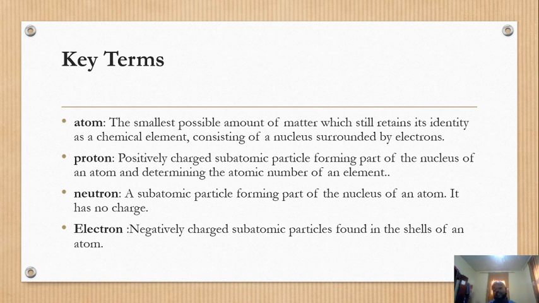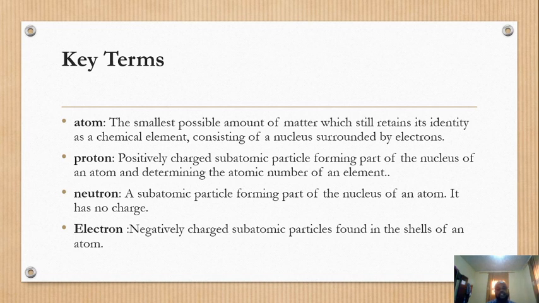So if you divide an element, for example, hydrogen or sodium or magnesium, and you divide it and divide it, the last part that can still represent that particular element is the atom. It has a nucleus and shells, right? Surrounded by electrons means the electrons are found in the shells. So there is a nucleus and there are shells.